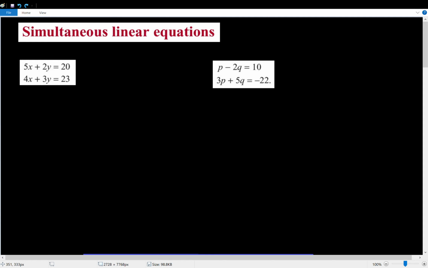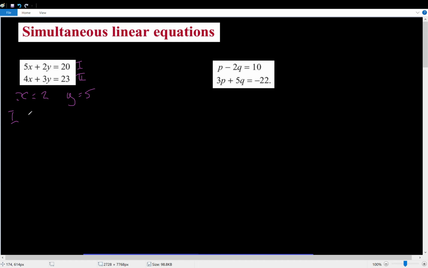So for this example right here, on the left with x and y, let's just say that x is equal to 2 and y is equal to 5. So if we call the top equation equation 1 and the bottom one equation 2, let's put our values into equation 1 and see what happens.